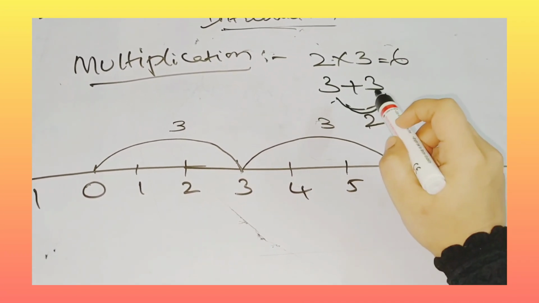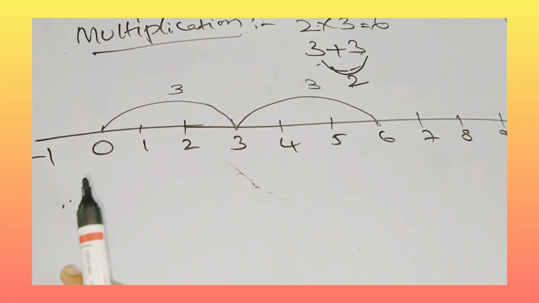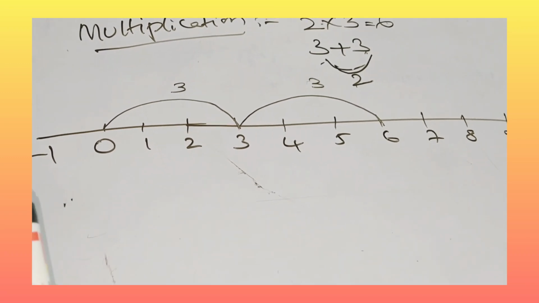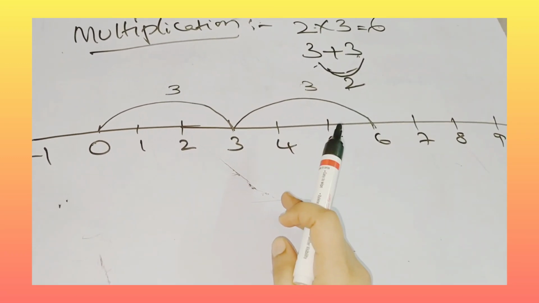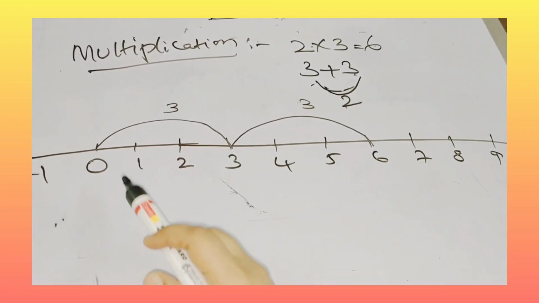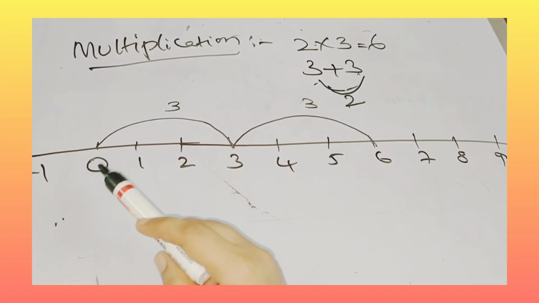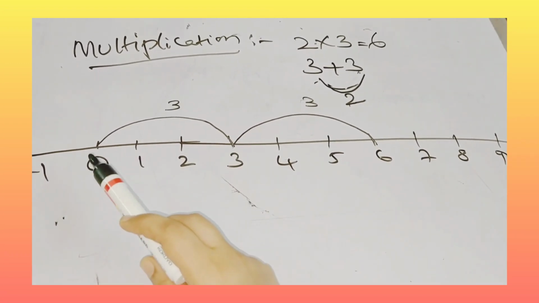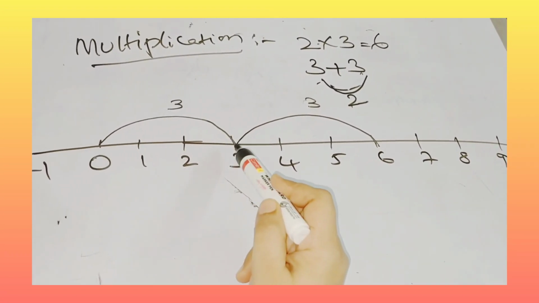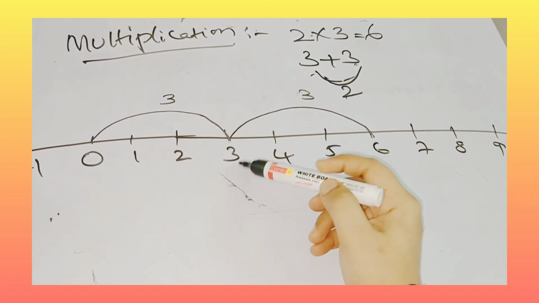Now you have to draw a number line the same way, the negative numbers you have to take on the left side, and the positive numbers on the right side. Now again you have to move the curves from 0. From 0 to 3. One time you have to take from 0 to 3, and the next time from 3 to 6.